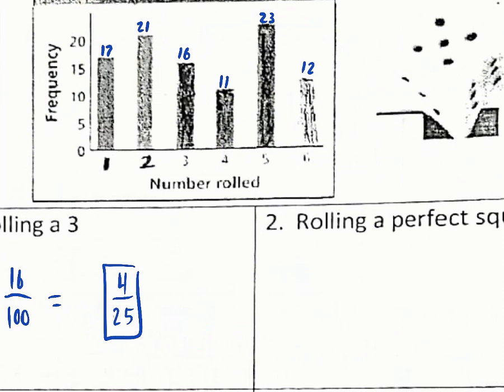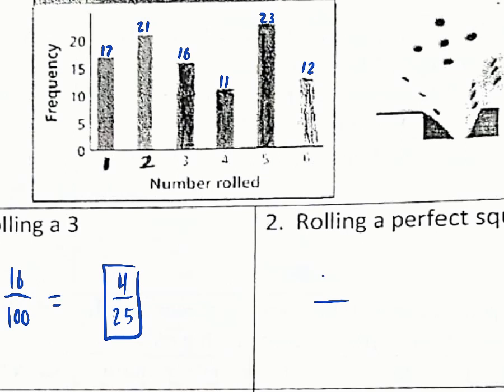Okay? Look at number 2. Rolling a perfect square. So we're doing one fraction. But what is included in perfect squares in our number cubes? How many of those are perfect squares? Just 2. 1 is, right? Yes. And 4. Well, how many 1s were there? 17. How many 4s were there? 11. What's 17 plus 11? 28.